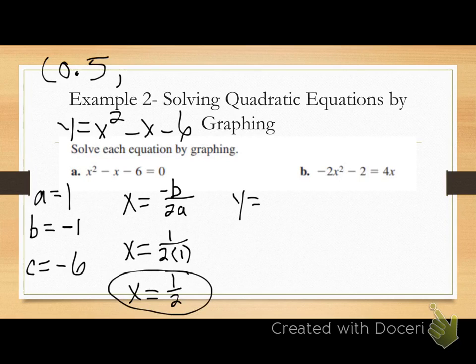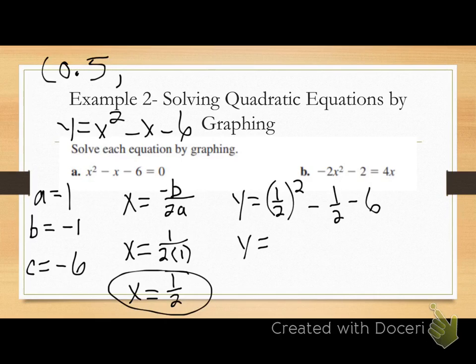So y equals 1/2 squared minus 1/2 minus 6. And now I'm just using my order of operations. What's 1/2 squared? Not 1.